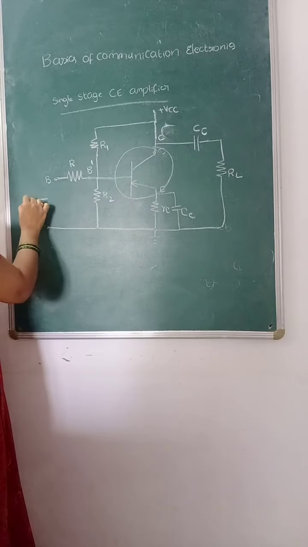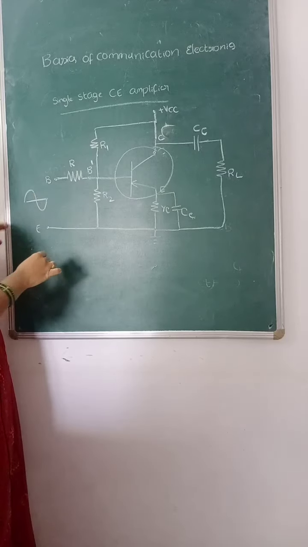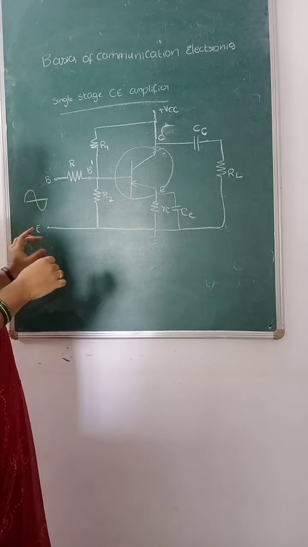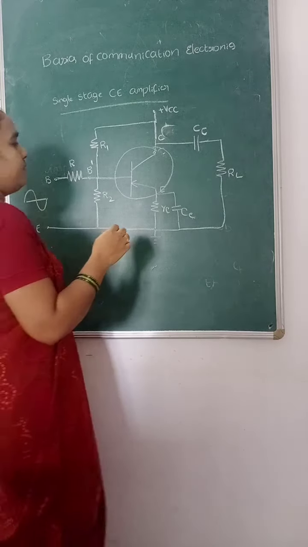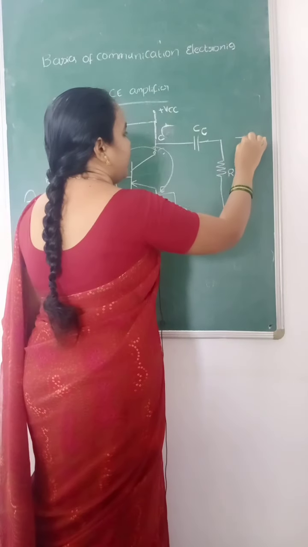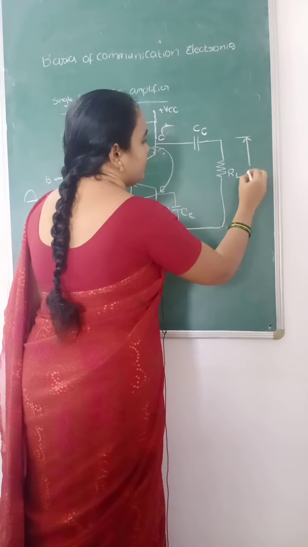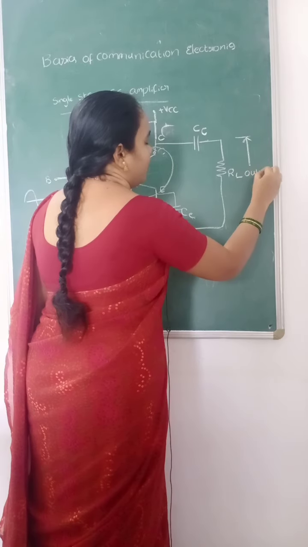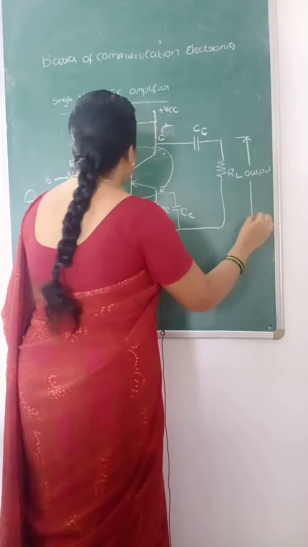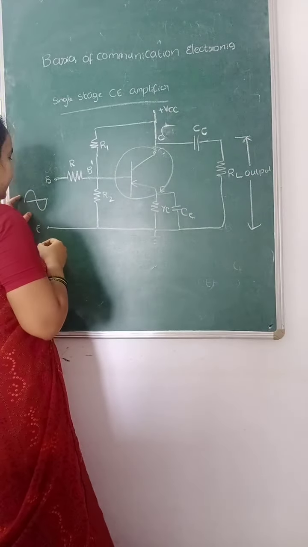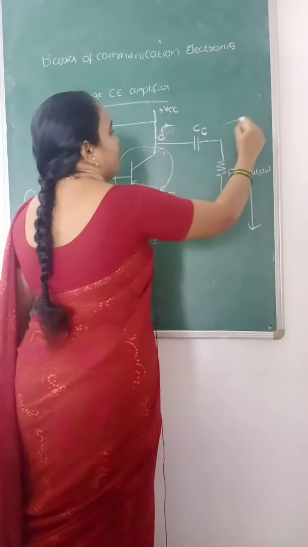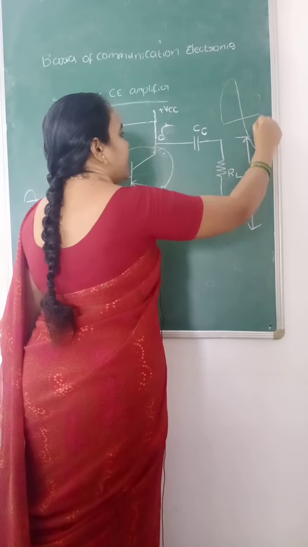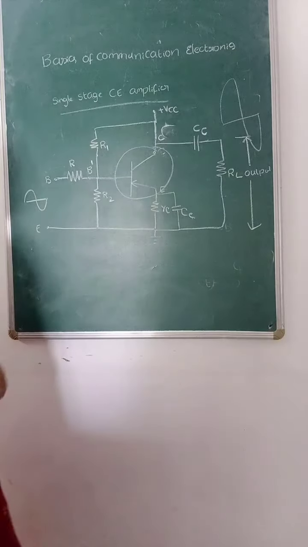We give the small AC signal between the base and emitter terminals, and we collect the output across the load resistance. If we give a small signal here, in the output circuit we will get an amplified AC signal.